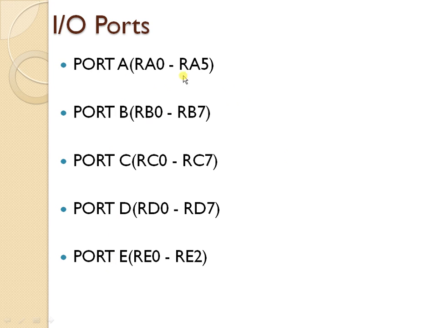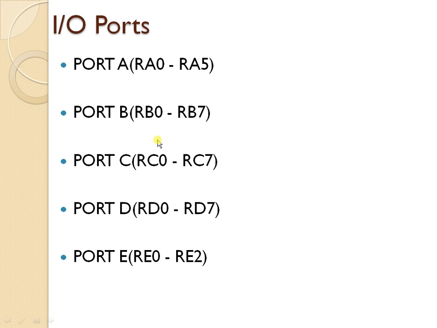Each of these ports has some pins: port A has 6 pins, port B has 8 pins, C and D also have 8 pins, and port E has 3 pins, a total of 33 GPIOs. Each of these pins is designated with the symbol R, so RA0 indicates port A's 0th pin, and RA5 indicates port A's 5th pin.